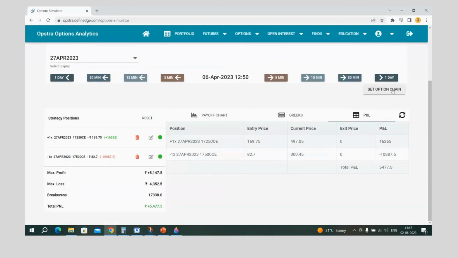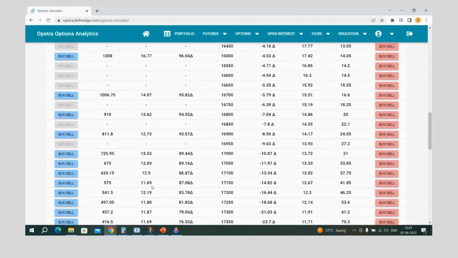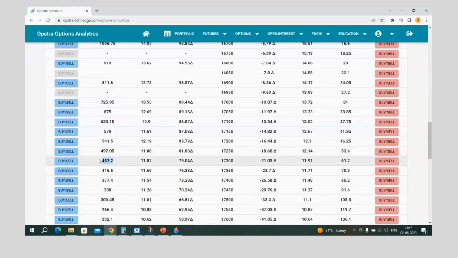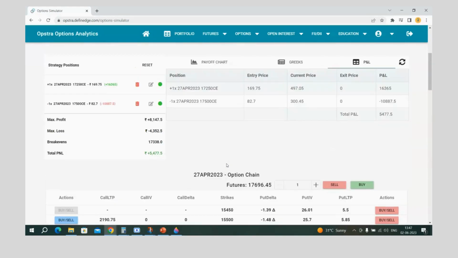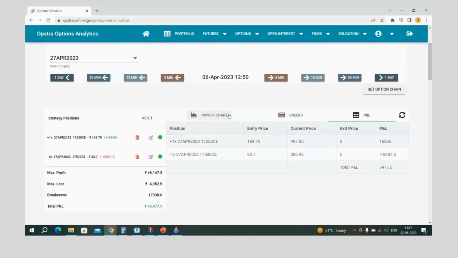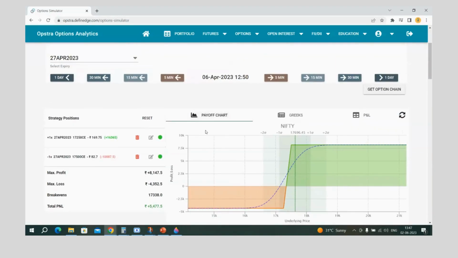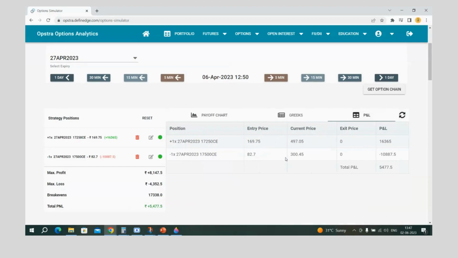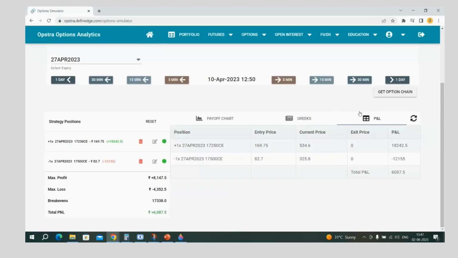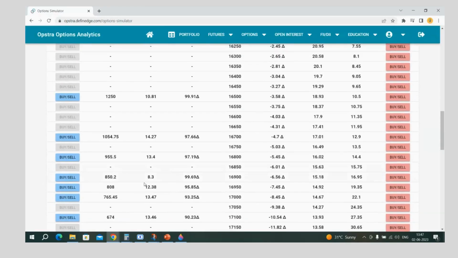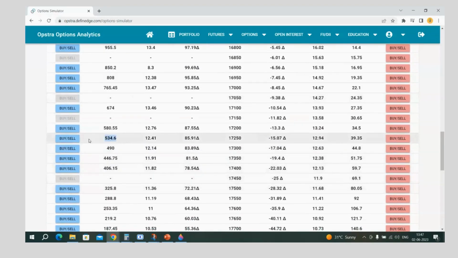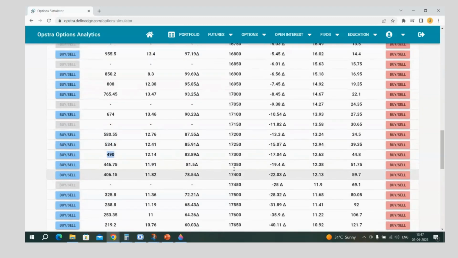Okay, now we will see. 497, right? Still we have only 40 rupees, and nowadays premiums are very low. That is the reason we are not getting the intrinsic value properly. So now we will have a look. Still less than 50.